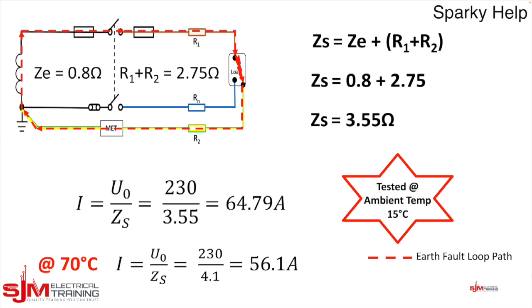So you can see when tested you would get 64.7, 64.8 amps. But if the cable was allowed to go up to its maximum, which it probably would or could, then the fault current would drop to 56, which means its disconnection time could take longer. But we're going to stick with our 3.55 because that's what we tested.